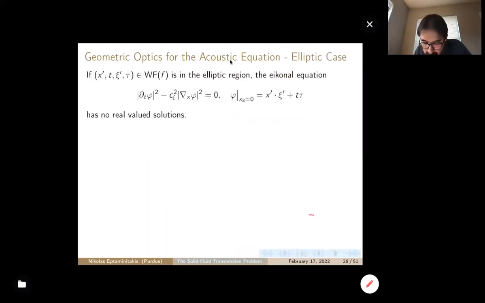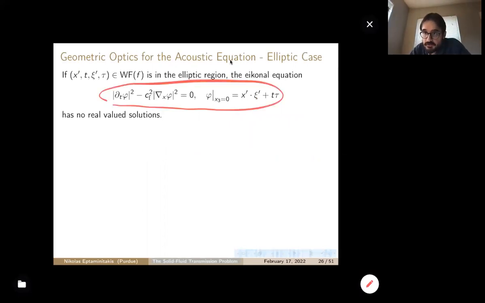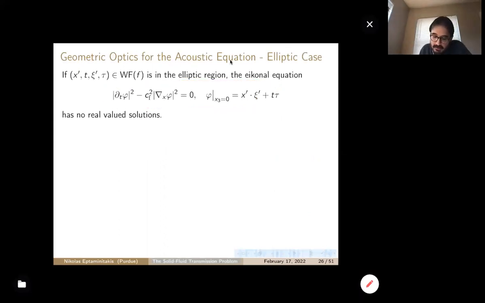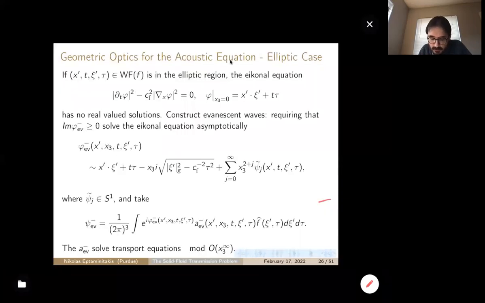On the other hand, in the elliptic case, things become a little bit more complicated because we can't solve this type of eikonal equation with real values anymore. So what one can do is solve it up to infinite order. You have to assume that the imaginary part is non-negative in order to make sure that your waves are not going to be exploding exponentially fast as you're leaving the hypersurface.